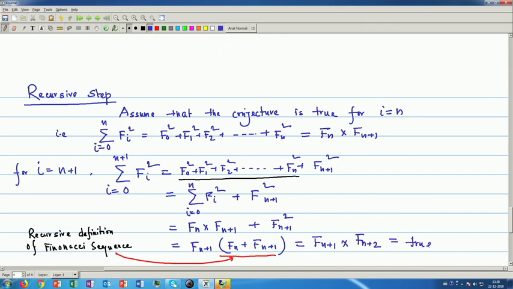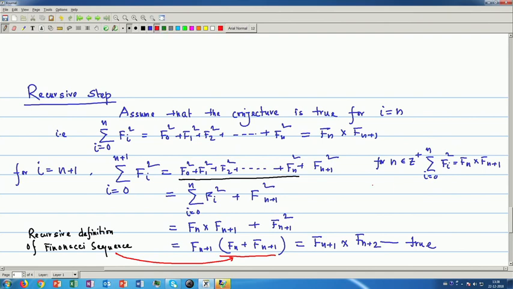So, I can write that the property holds for all n belonging to the set of positive integers, that summation i equal to 0 to n of f i square is f n into f n plus 1.